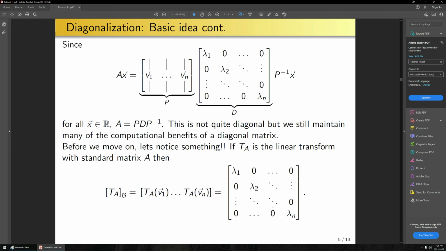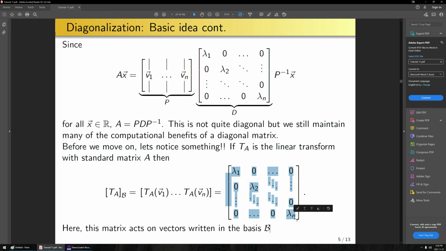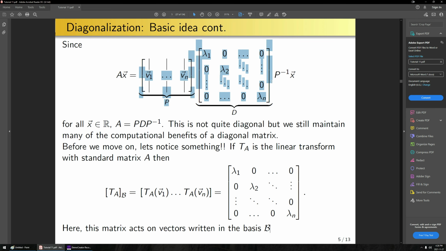Okay? The downside of doing this is here my matrix is acting on vectors written in the basis B instead of my standard basis. So I could rewrite this matrix A as being a perfectly diagonal matrix if I change the basis to act on the eigenvectors instead of the standard basis. It's a different matrix, so you can't say A is equal to this. It's not true. A is equal to this thing here.